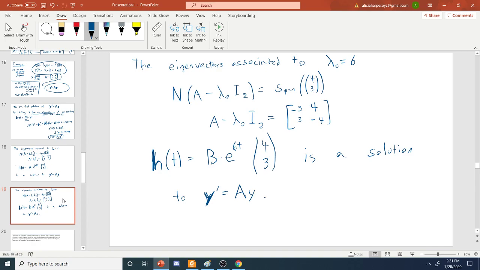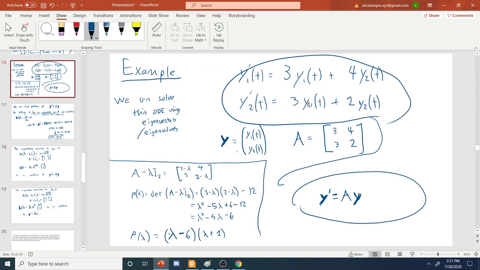So this completes the analysis of the solutions of this particular linear differential equation.